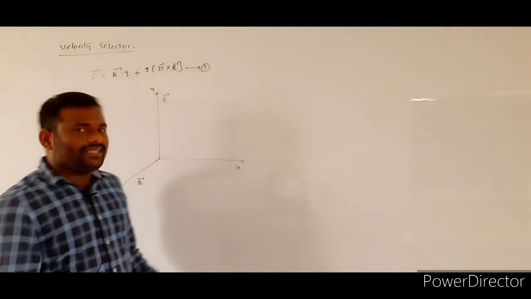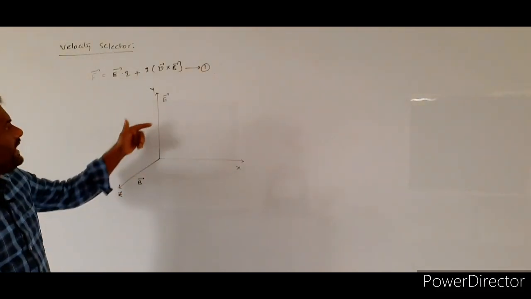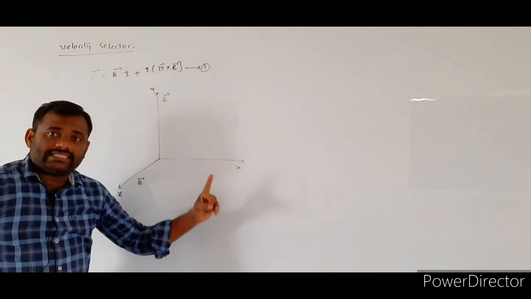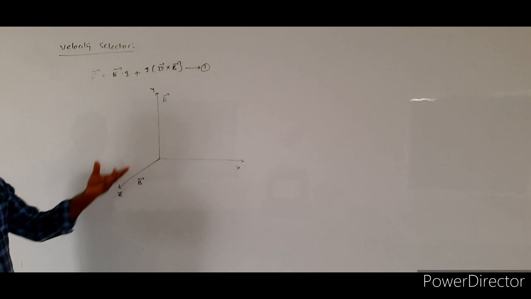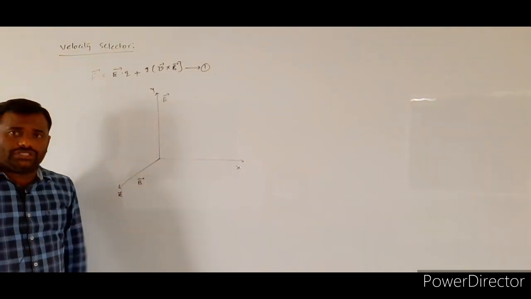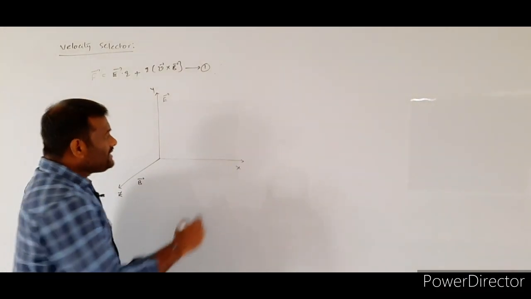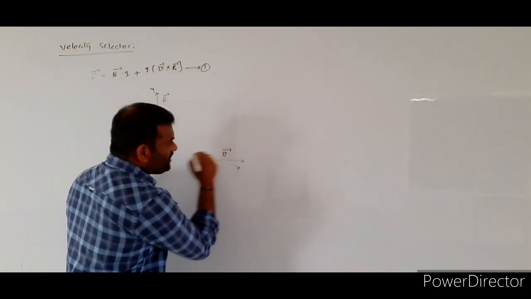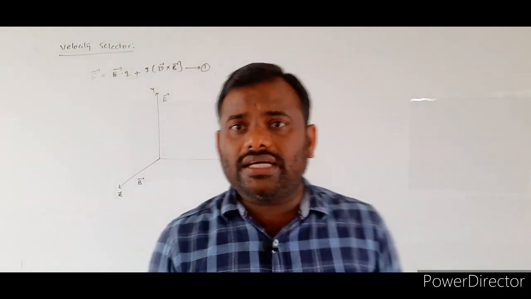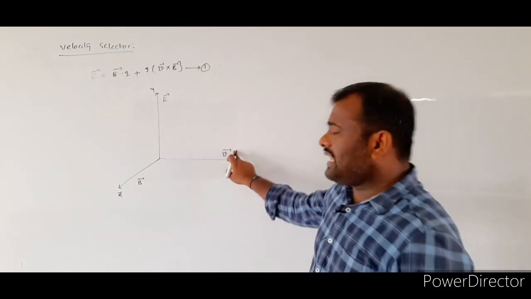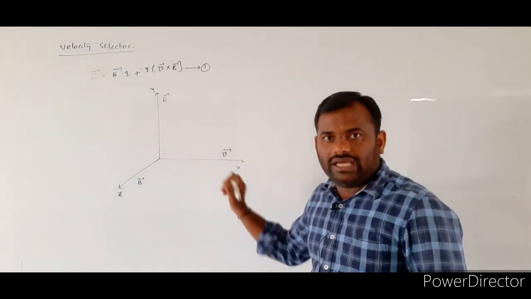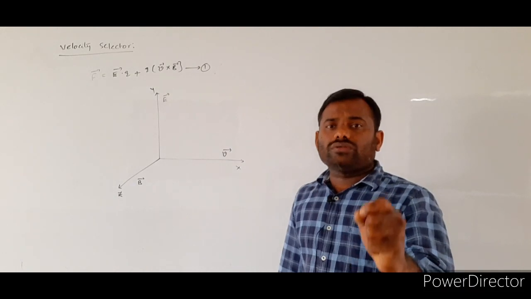I am assuming that the electric field intensity acts along the y-axis, whereas the magnetic field acts along the positive z-axis. And one more assumption is that the charged particle travels with a velocity v, moving perpendicular to both the fields.